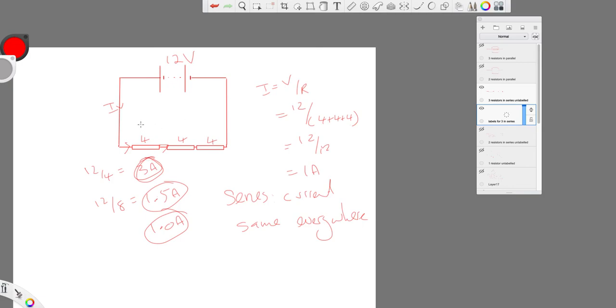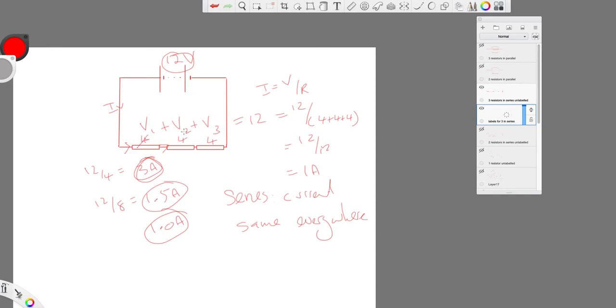And the PD here, the PD here, the PD here, they all add together to give you the PD here. So these being 4 ohms each, they're the same. Each will have 1/3 of the PD, which happens to be 4 volts.